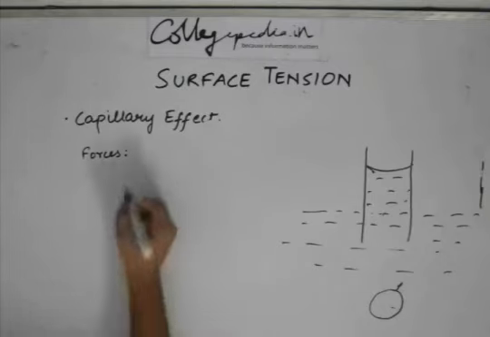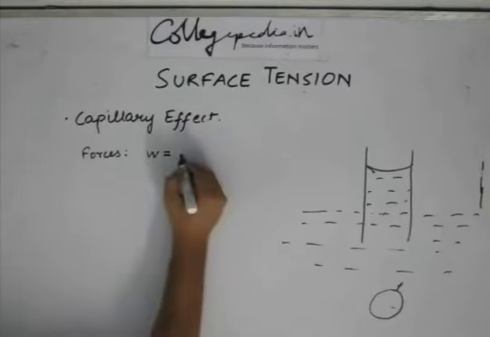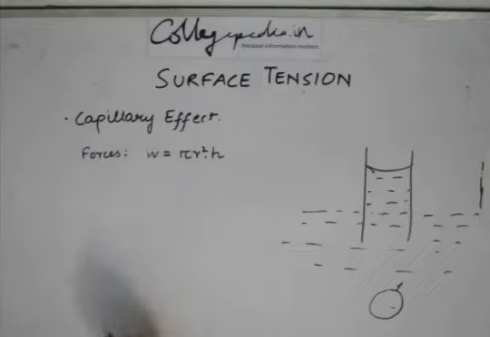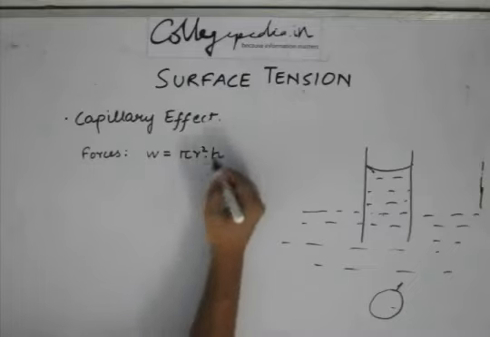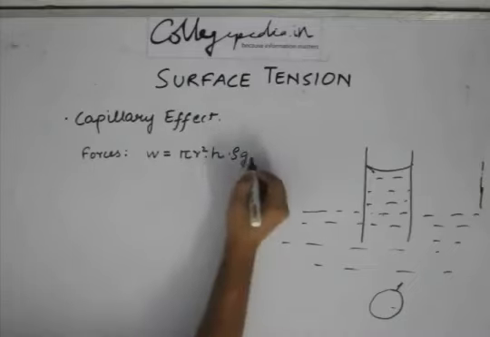So if we consider forces, weight is going to be the volume of this section, which is pi r square, times the height of the fluid, h. This is the volume. This into the density will give us the mass, times g will give us the weight.